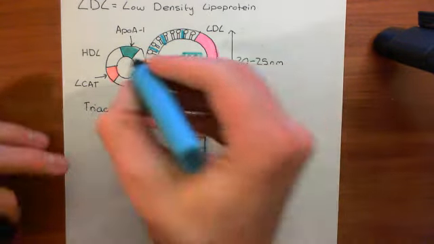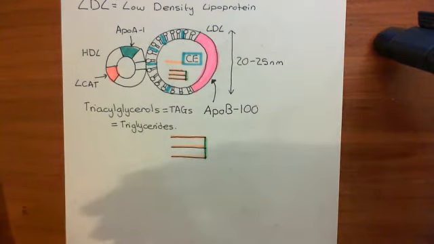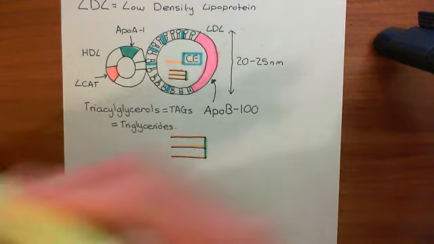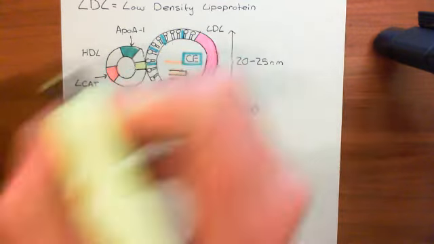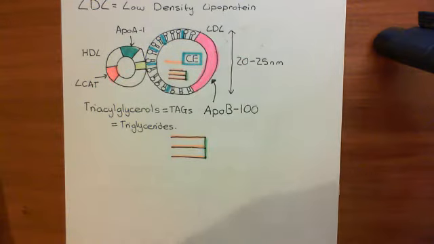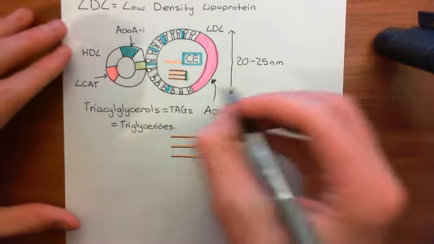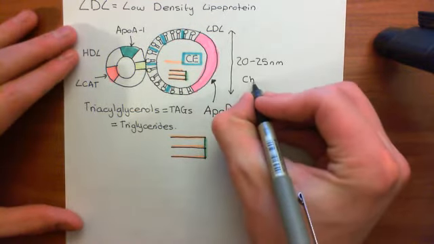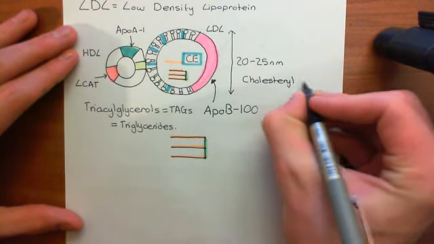Now this protein, and I'm not going to colour it in blue because then it will get confused for the cholesterol molecules, I'll colour it in yellow. This protein is known as cholesterol ester transfer protein. So in yellow there, this is the cholesterol ester transfer protein.